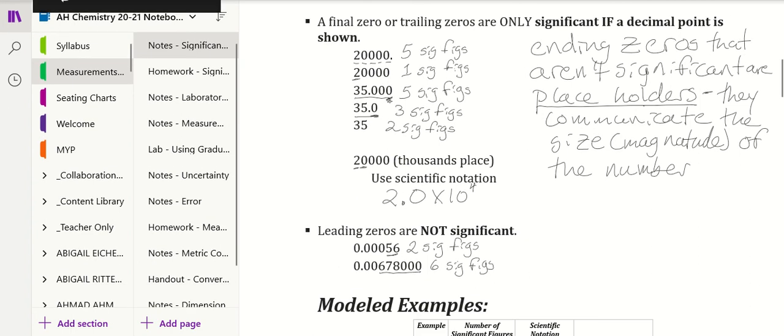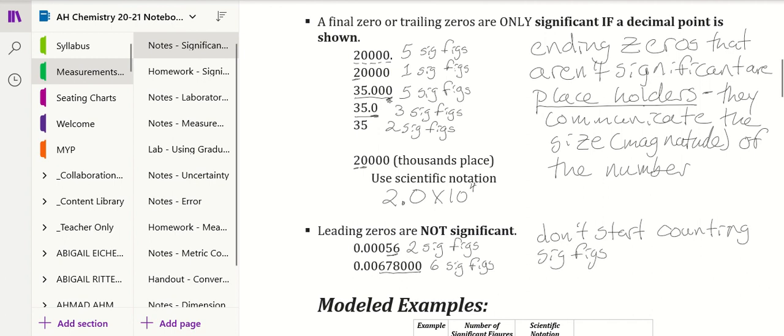So another way to state this fourth rule is that you don't start counting significant figures until you get to the first non-zero digit. It means the same thing. Same rule, just stated in a different way.